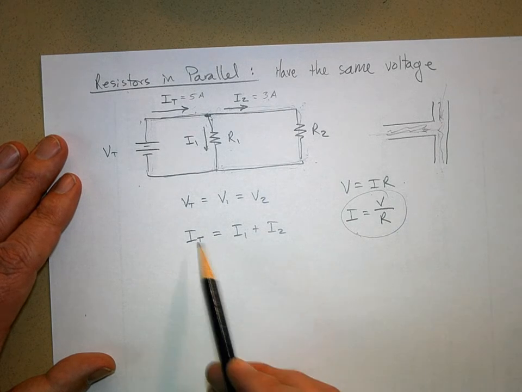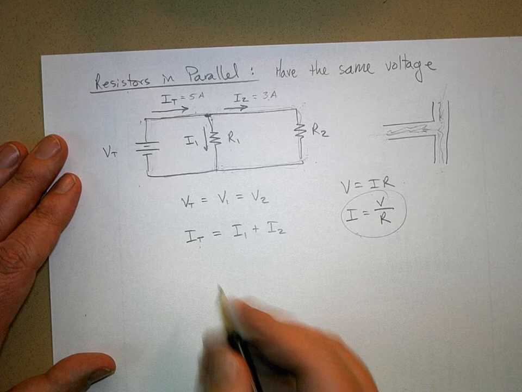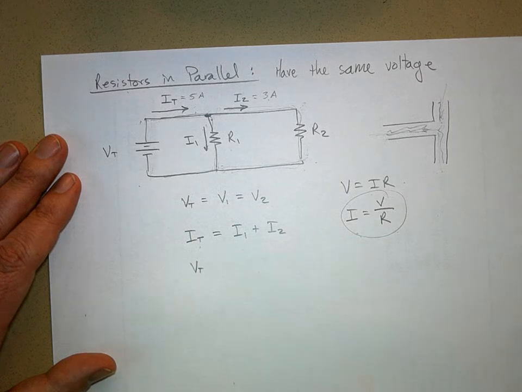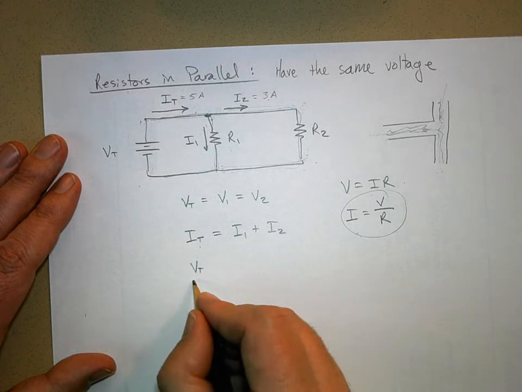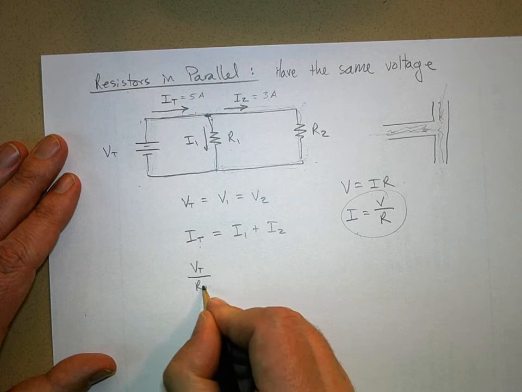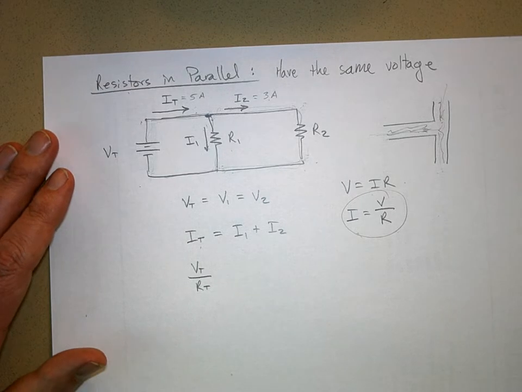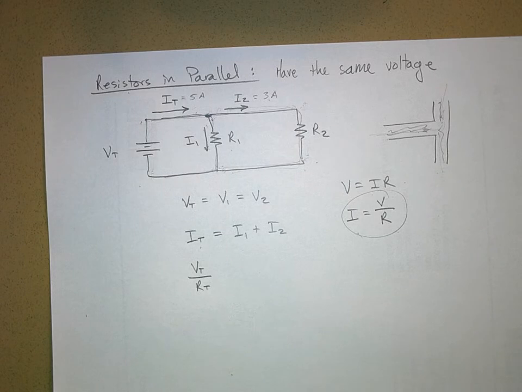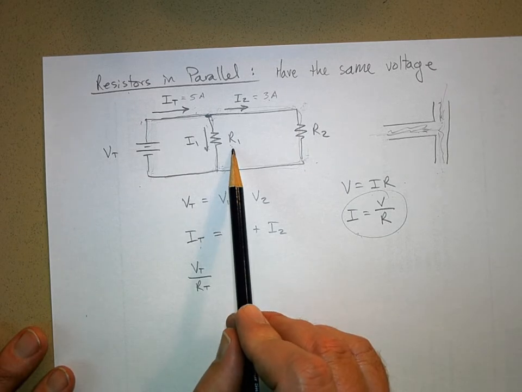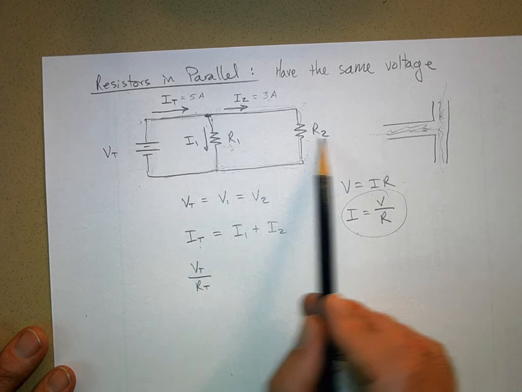So for the total current, that's going to be the total voltage divided by the total resistance of the circuit. And that's what I want. I want to know what is going to be the total resistance of the circuit based on the resistance of these two guys.